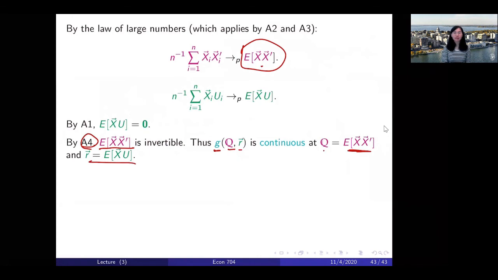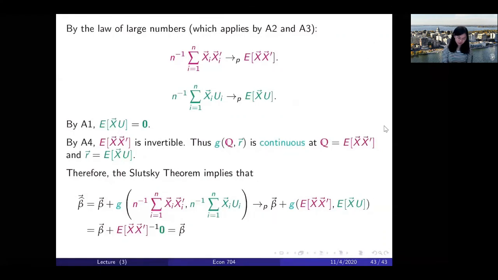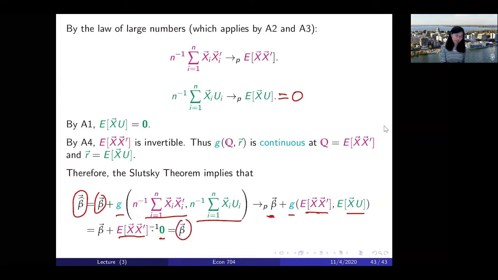So we can apply the Slutsky theorem and show that beta hat, which equals beta plus g of Qn, Rn, converges to beta plus g of Q0, R0. And g of Q0, R0 is Q0 inverse times R0, but R0 is 0. So therefore, the limit of the ordinary least squares estimator is the true value.